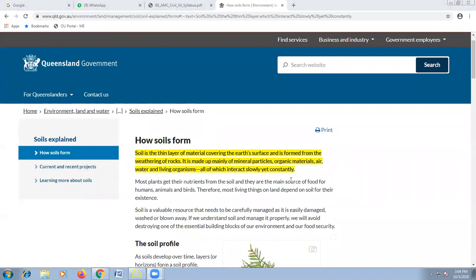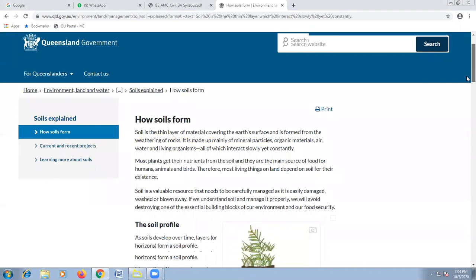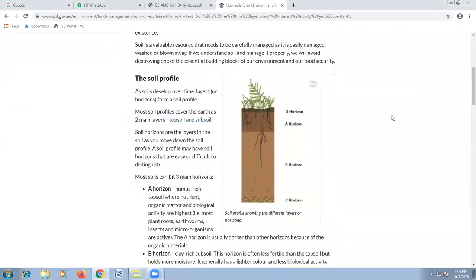This top layer of material, mainly soil, is made up of minerals, water and living organisms, etc. They all interact slowly, and this layer of soil is mainly responsible for plant growth. Now we would also look at the properties of soil.